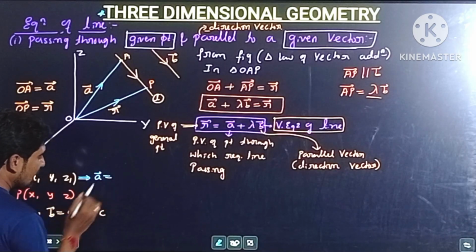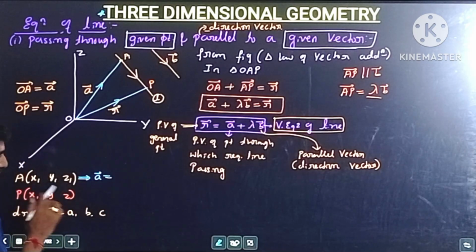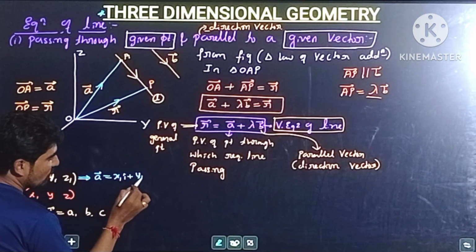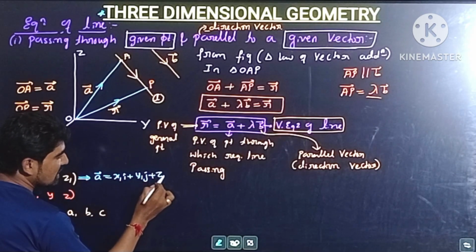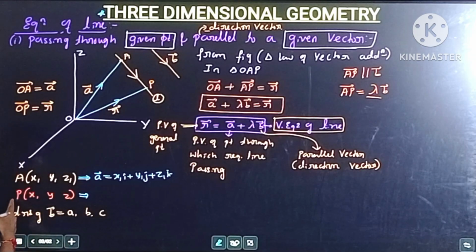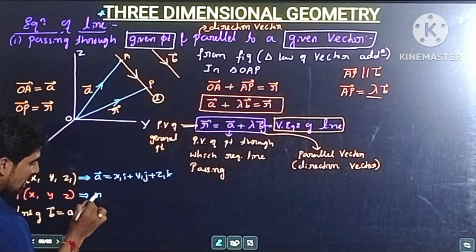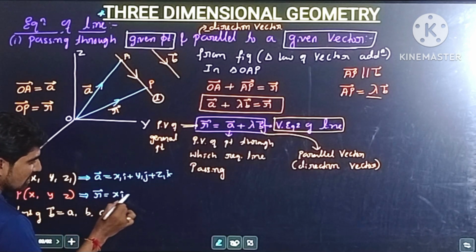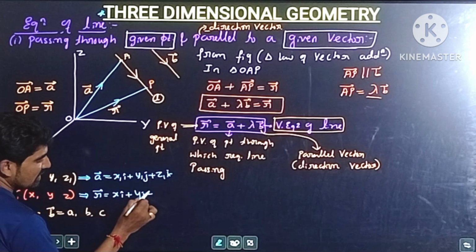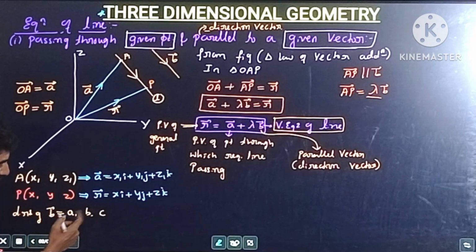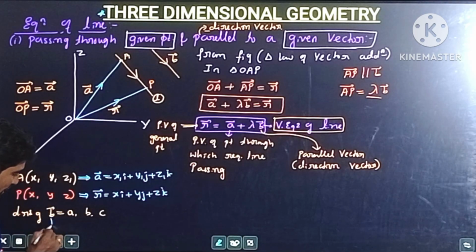A vector in component form we may write as x1 i plus y1 j plus z1 k, and the position vector of the point P is R vector, whose component form is x i plus y j plus z k. Also the direction ratios of B vector are a, b, c.